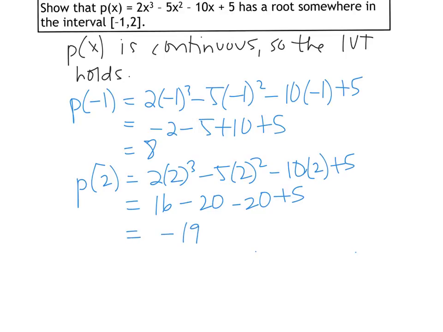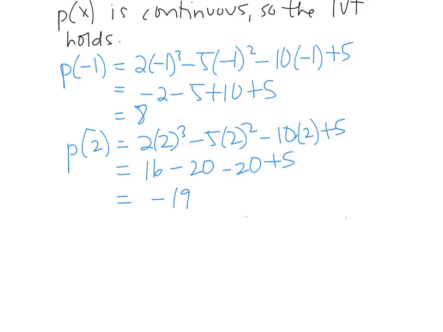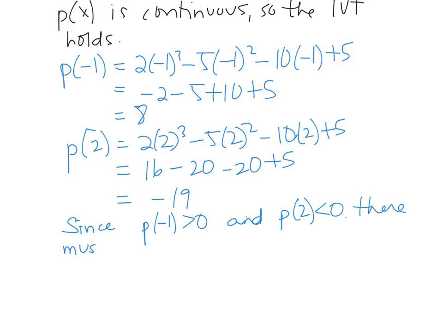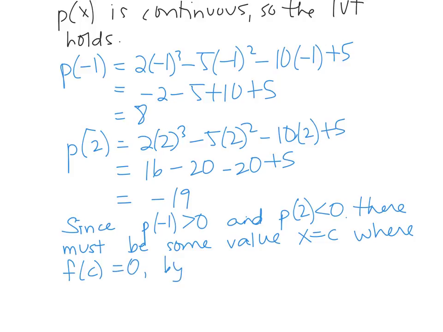The nice sentence you would probably write about this is: since p of negative 1 is greater than 0 and p of 2 is less than 0, there must be some value x equals c where f of c equals 0 by the IVT.